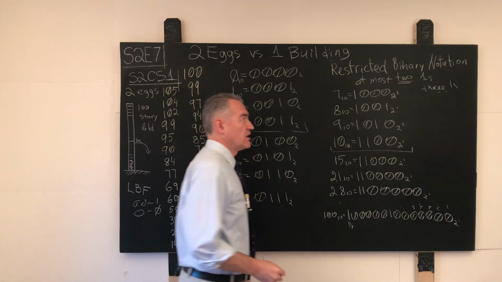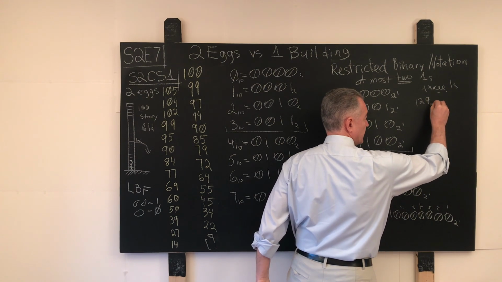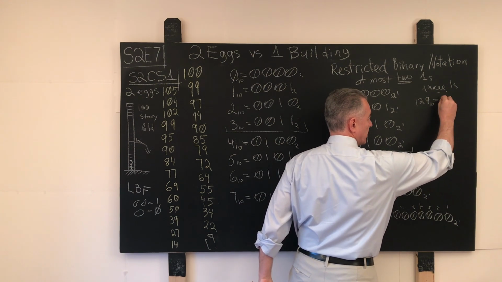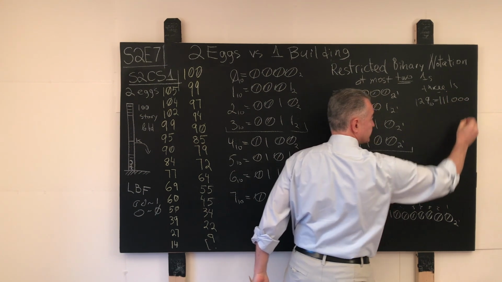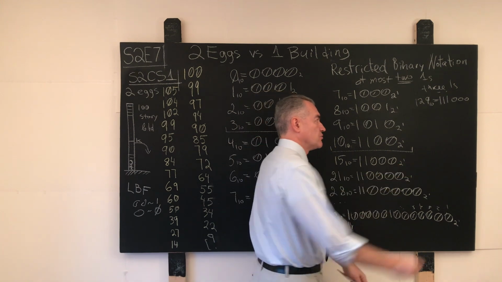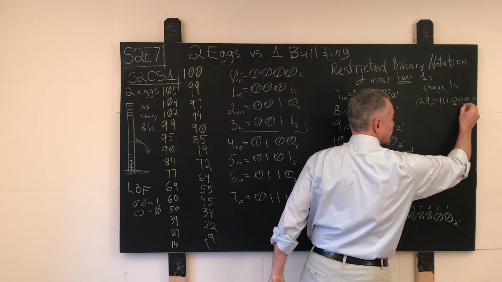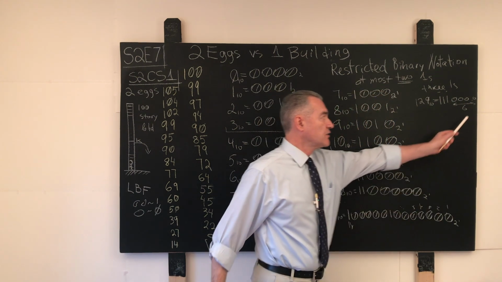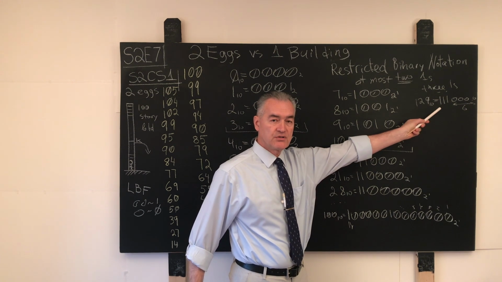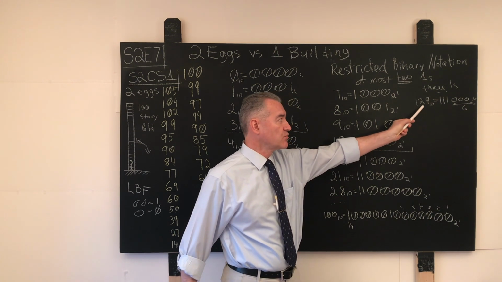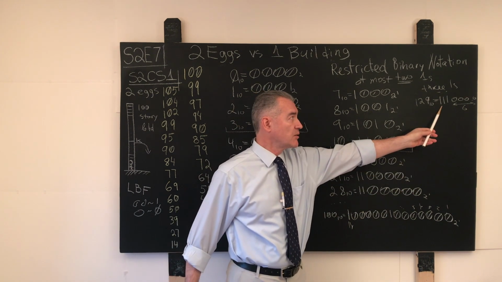For example, number 129 in base 10 was represented in restricted binary notation as 1, 1, 1, and 6, 0. So when we count the position of the leftmost one in the restricted binary representation of the number 129, that comes out precisely 9, the position number 9.